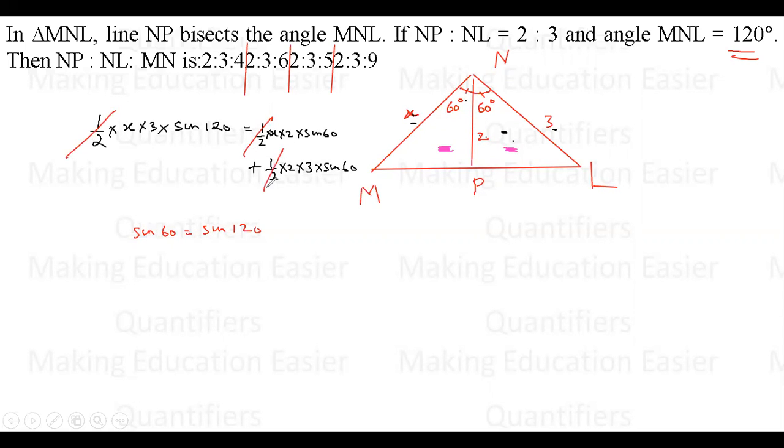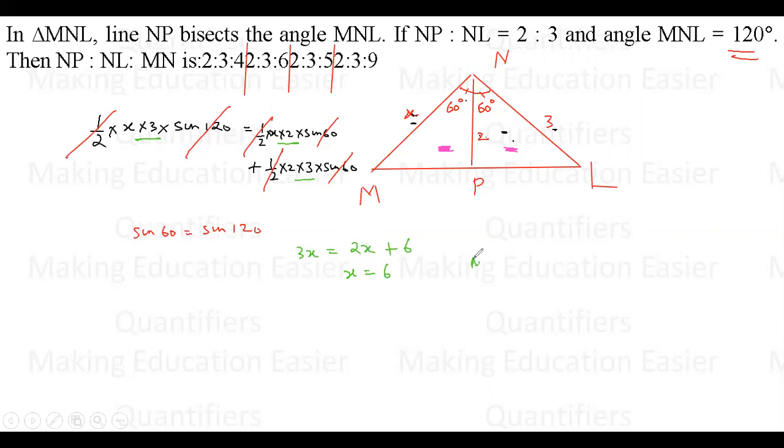Half will get cancelled out, and sine 60 is equal to sine 120, so this also gets cancelled out. So we are only left with this part, 3x is equal to 2x plus 6. So from here I'll get x is equal to 6.